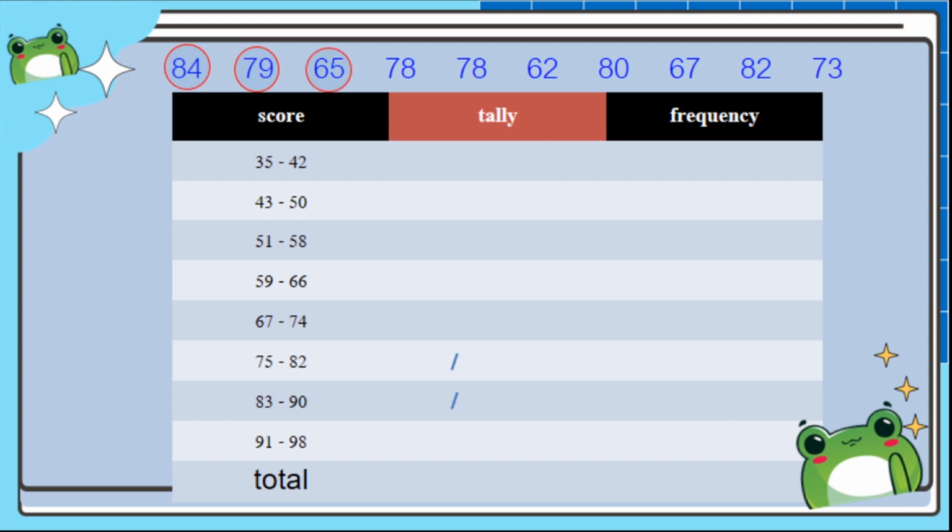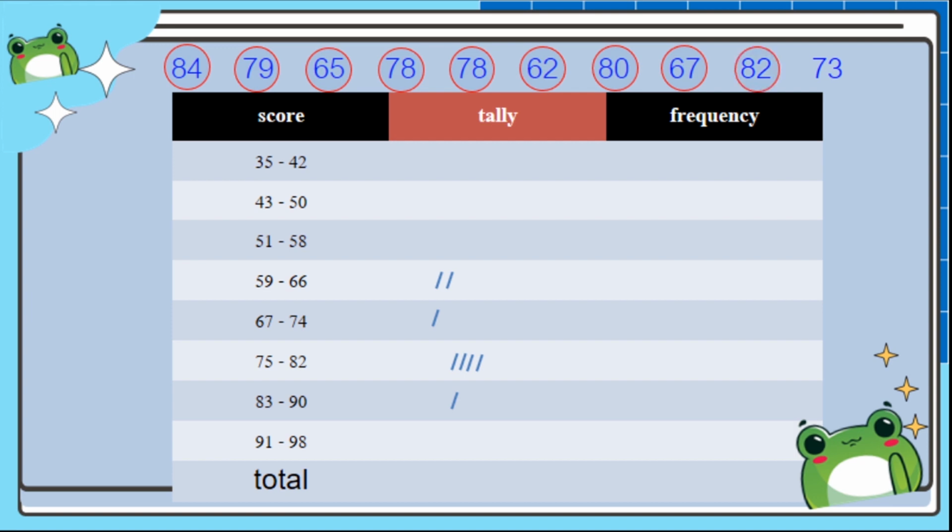And next, 65. 65 is a score between 59 to 66. You get 1 mark. 28. 62. 80. 67, 82.